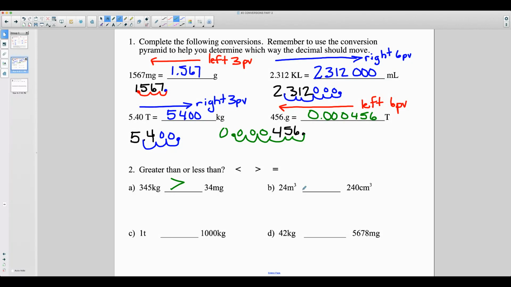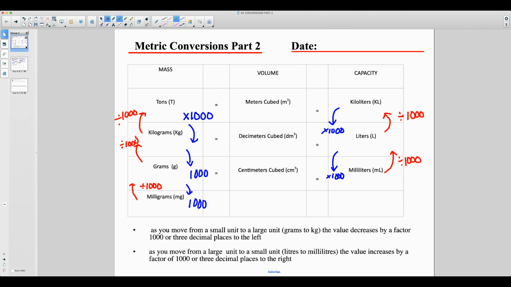But what about something like this, where it's 24 meters cubed and 240 centimeters cubed? Well, if we look at our chart, we can take the meters cubed and turn them into centimeters cubed. As we go down, we multiply by 1,000, and then we multiply by 1,000 again, because we're crossing down from decimeters cubed to centimeters cubed.